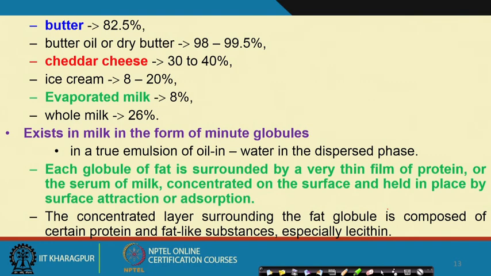Fat is not soluble in water, and the relationship between fat and water we normally jokingly compare to that of Saas and Bahu. Though I am not saying anything bad, generally the relation is like that, that none of them can tolerate each other.